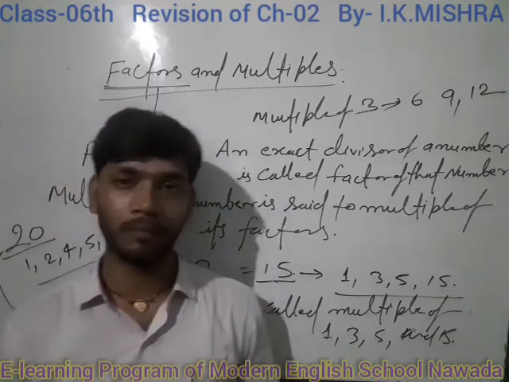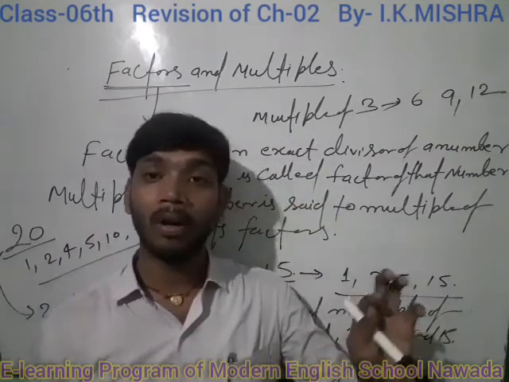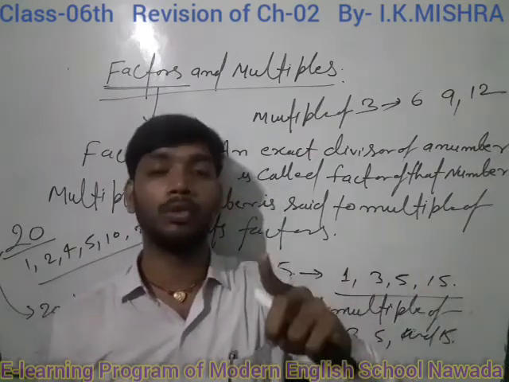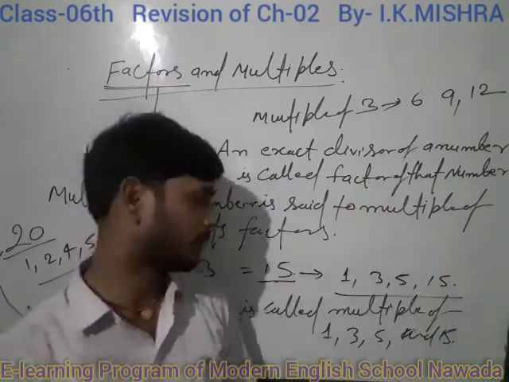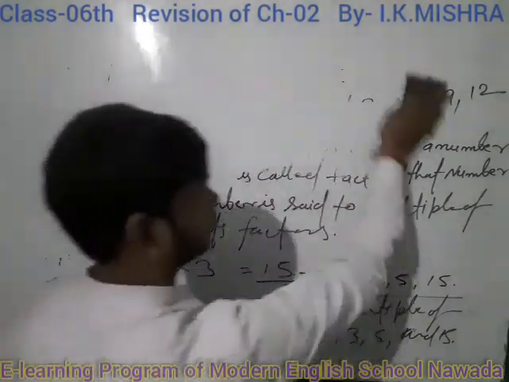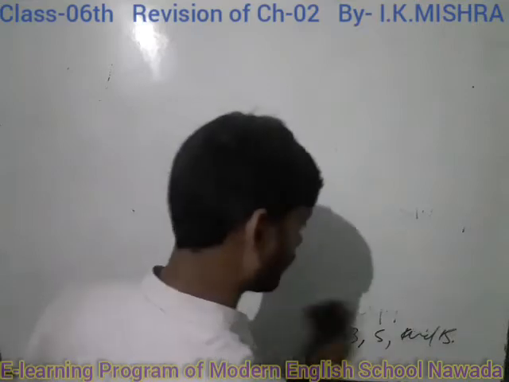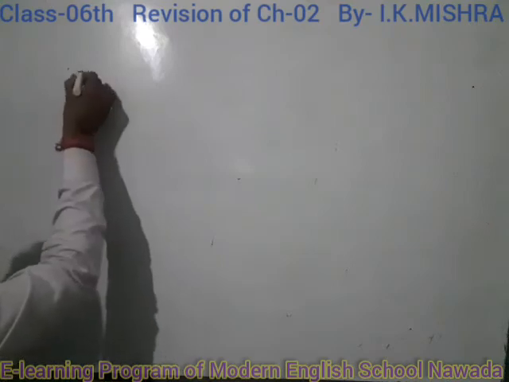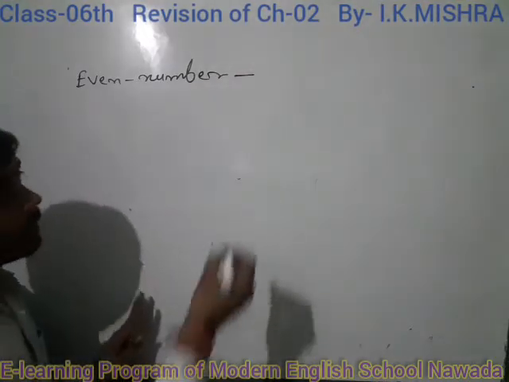Students, first of all, know even numbers. What is an even number? A number which is exactly divisible by 2. That means multiples of 2 are called even numbers.